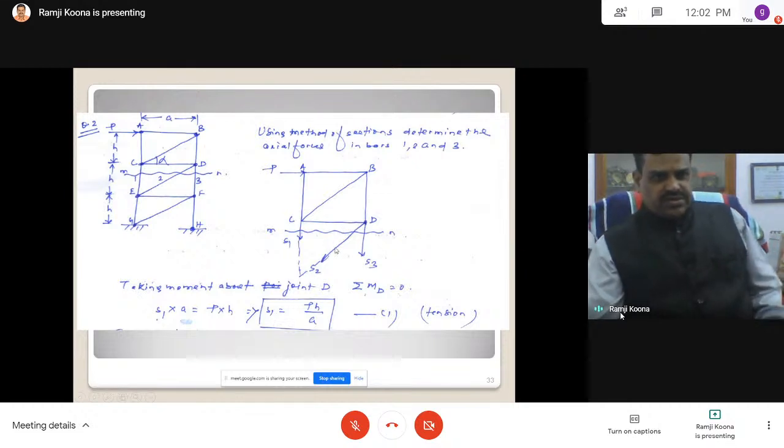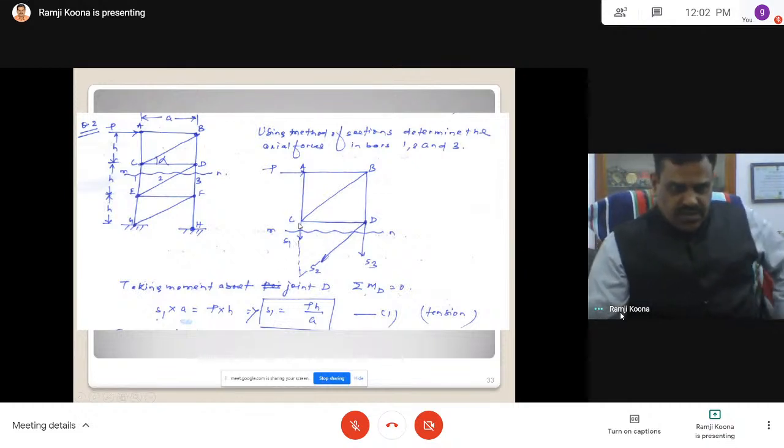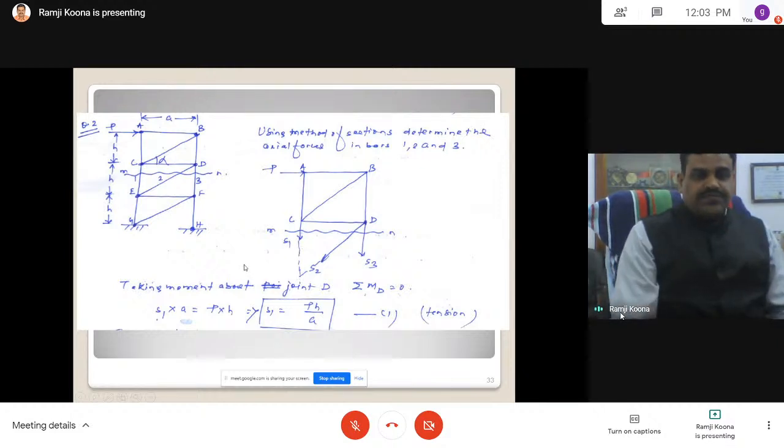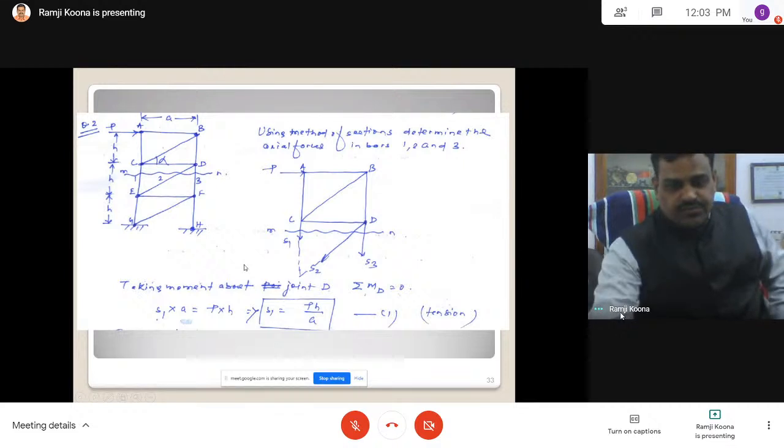The assumed direction of S1 is correct. Compared with earlier, here I am using another notation, because away from the joint I am calling it tension. Earlier the choice is yours how we represent the notation, that's why I am using both.